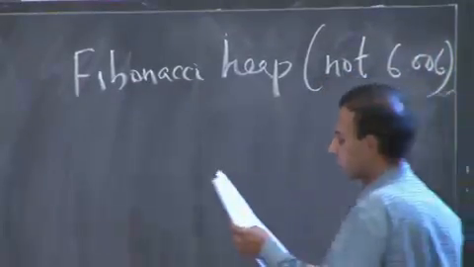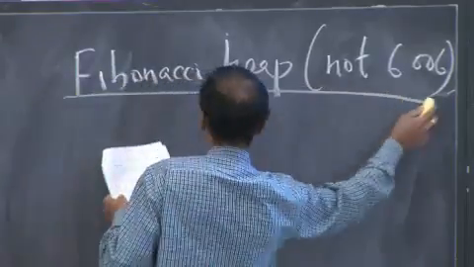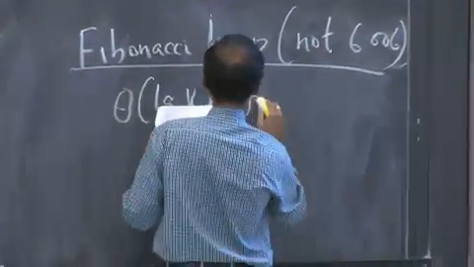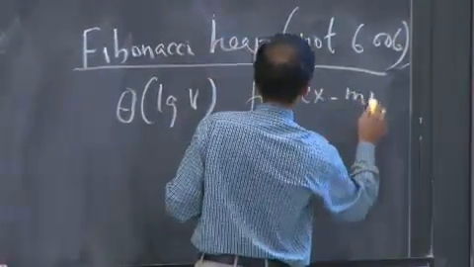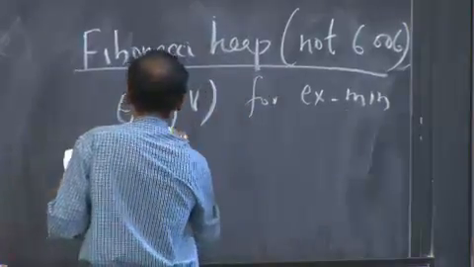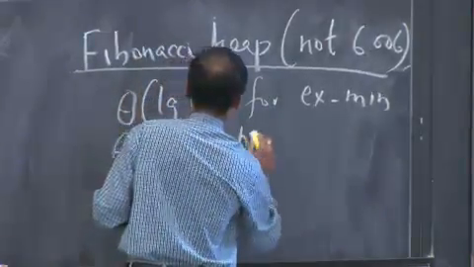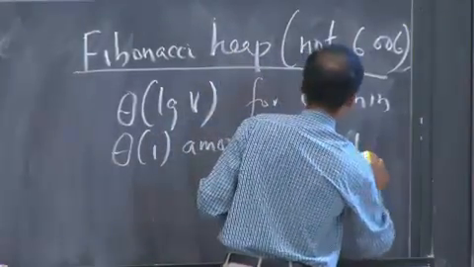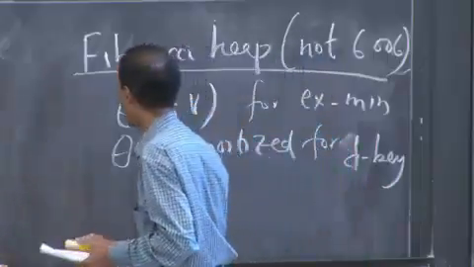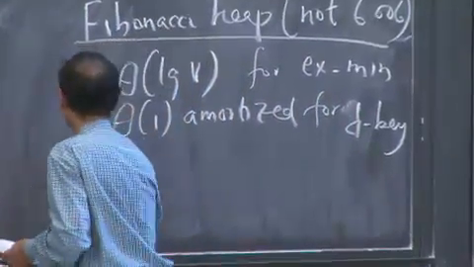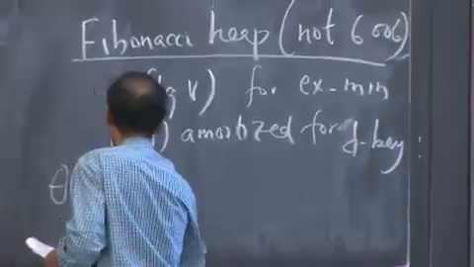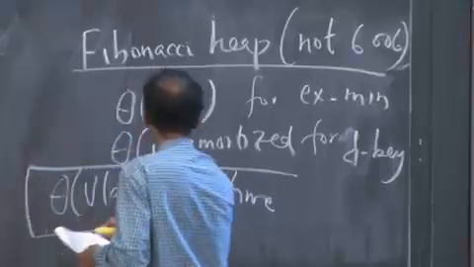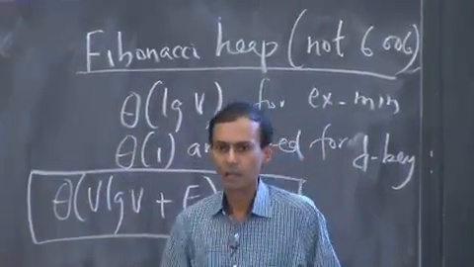And you might learn about it in 6046. The Fibonacci heap is an amortized data structure that has theta log V for extract min and theta 1 amortized time for decrease key. And what's nice about it is that once you do that, you end up with theta V log V plus E time. And that's the complexity I put up way back, I guess, last Thursday.